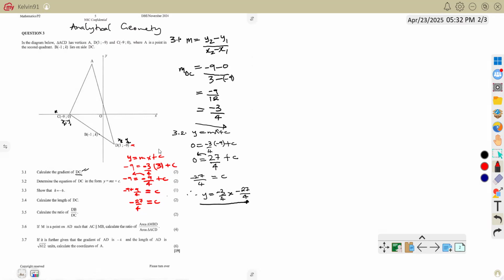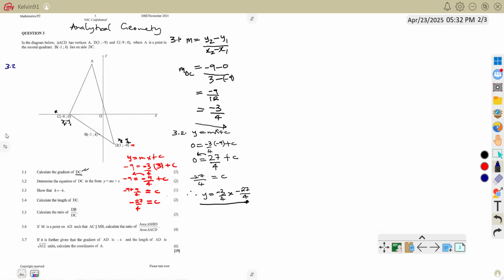Then you can still use another method, because the equation of a straight line can be written in this form. Still, we are still on that question 3.2.